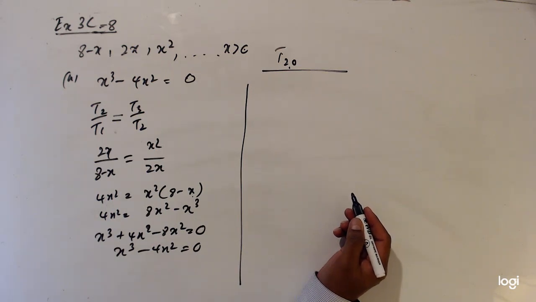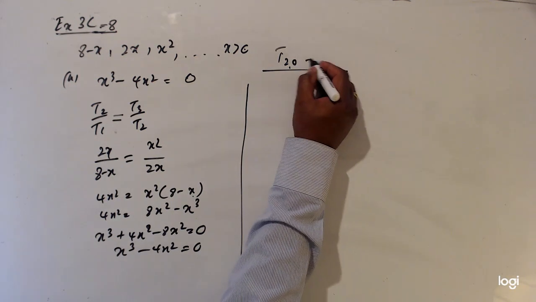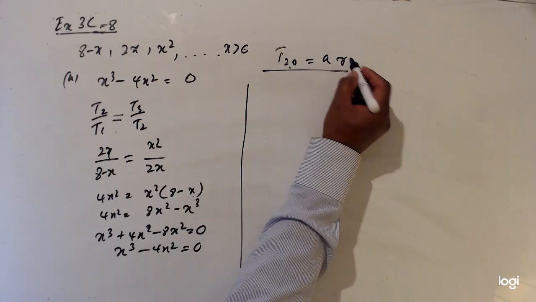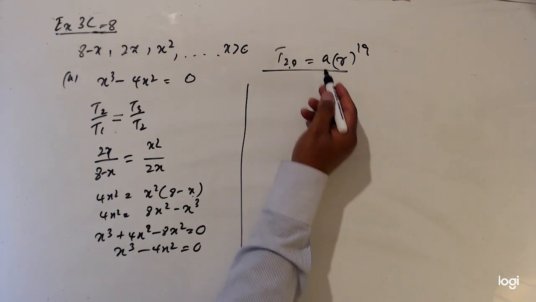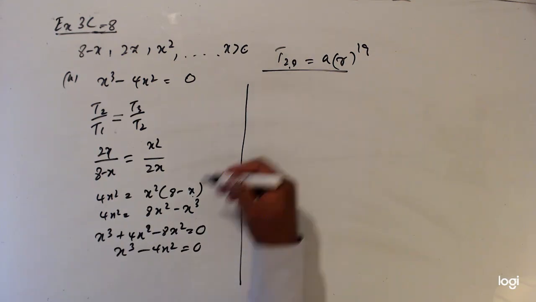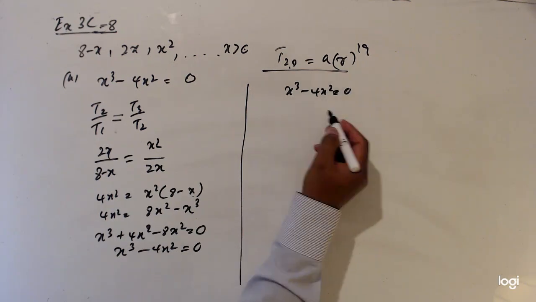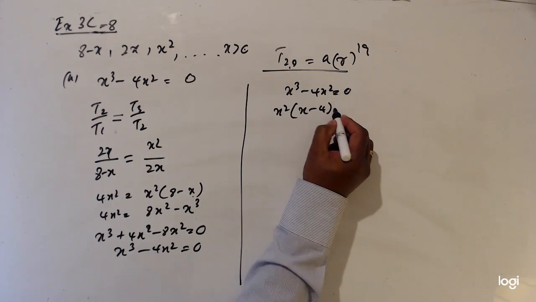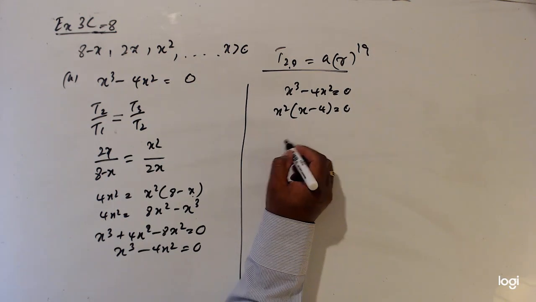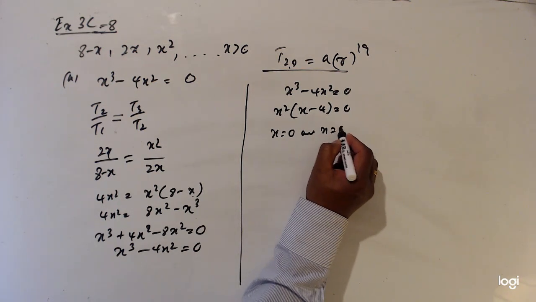So for this, we should know the first term and the common ratio, and the power is going to be 19. To find the first term, we have to solve this: x cube minus 4x square equals 0. x square is common, so I factor it out. So this is x square times x minus 4. Then we have two answers: x equals 0 or x equals 4.